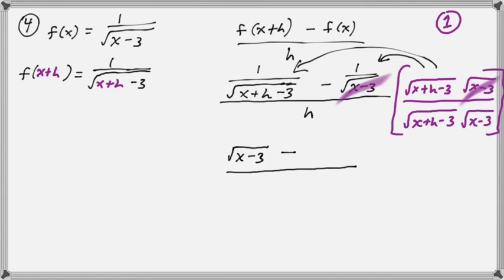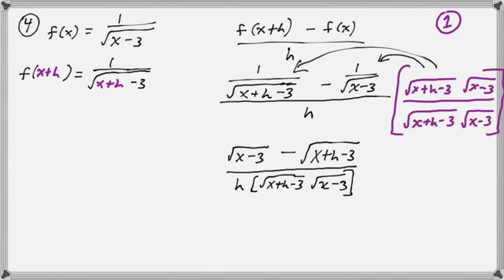Those. And what's going to be left? That thing, right? So what's going to be left is the radical x plus h minus 3. In the denominator, you have all this stuff. Radical x plus h minus 3, radical x minus 3.